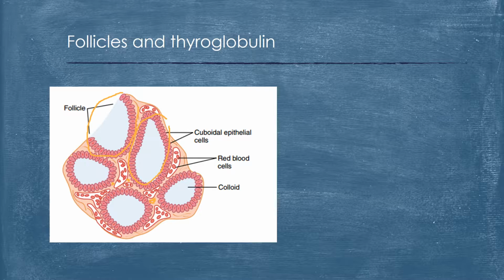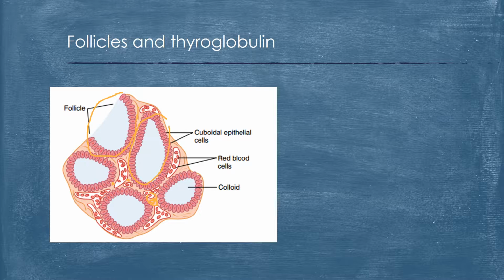The follicular cells or the cuboidal epithelial cells are the ones responsible for synthesizing the thyroid hormone. The parafollicular cells synthesize the calcitonin hormone. These are the two main hormones that are released by the thyroid gland. But calcitonin will not be discussed in this presentation because physiologically it is more important to be discussed with the parathyroid hormone physiology.